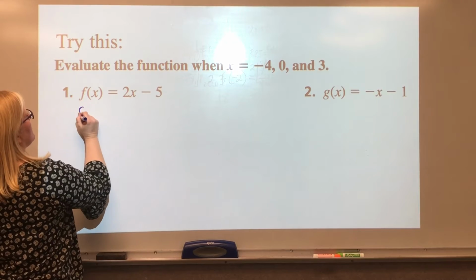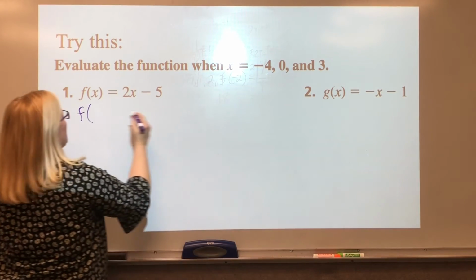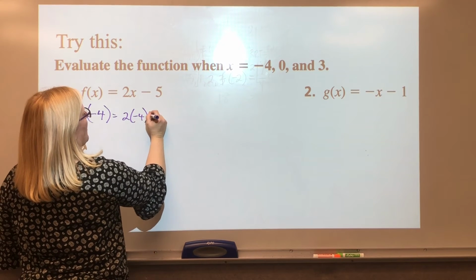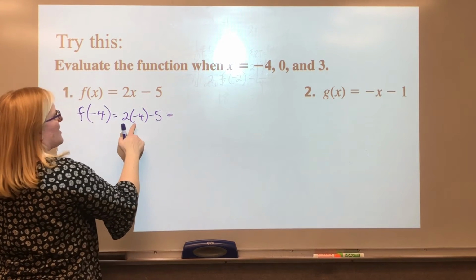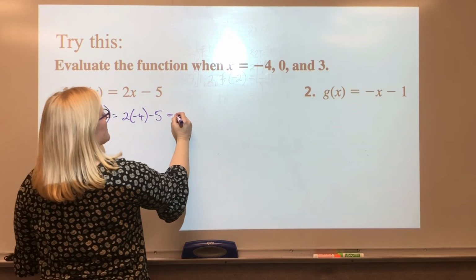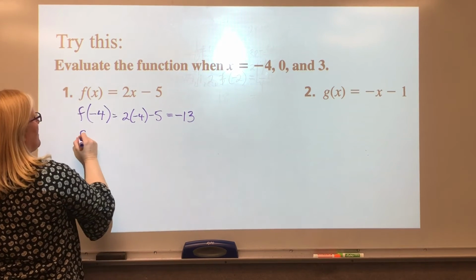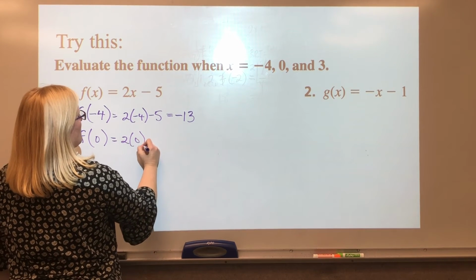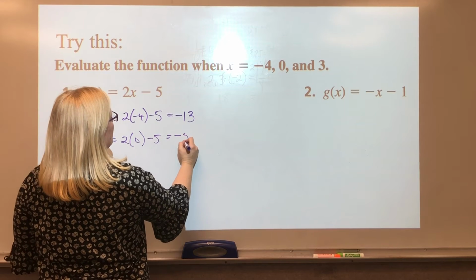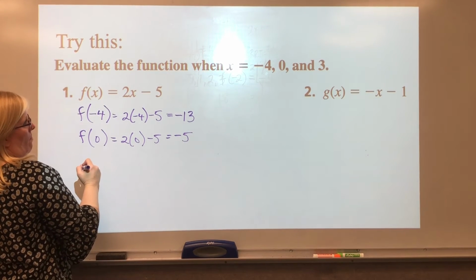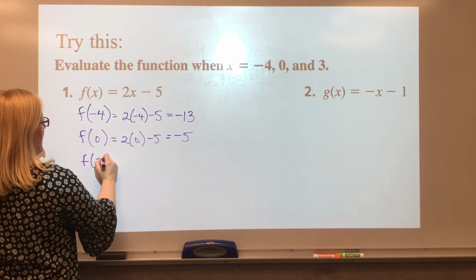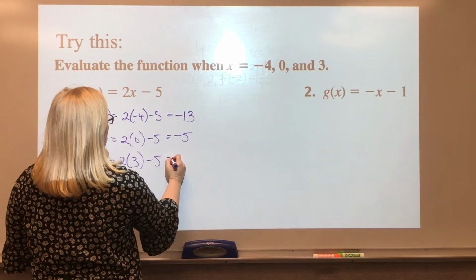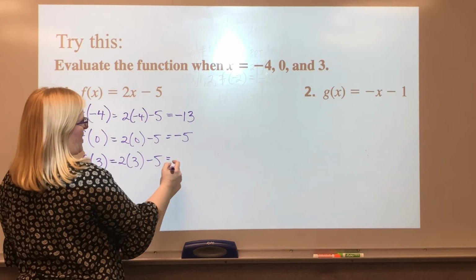If we're plugging in negative 4, f of negative 4 is 2 times negative 4 minus 5, and that is negative 8 minus 5, which is negative 13. f of 0 is 2 times 0 minus 5, which is negative 5. And finally, we have f of 3, which is 2 times 3 minus 5, which is 6 minus 5, which is 1.